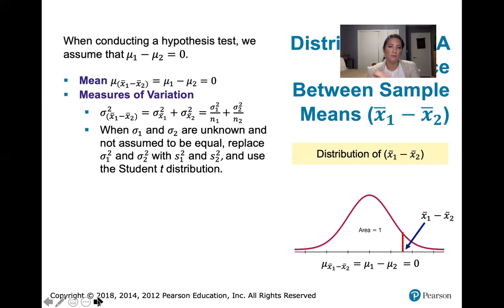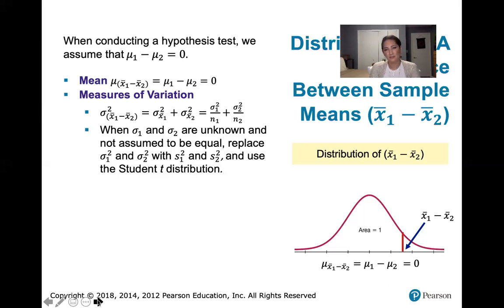Now, we're assuming in this case that we don't know the population standard deviation for either one of our populations. So they're both unknown. We have no reason to assume that they're equal to each other. So we're not going to assume that they're equal to each other. In that case, we're going to replace those two population variances with the sample variances, s sub 1 squared and s sub 2 squared.